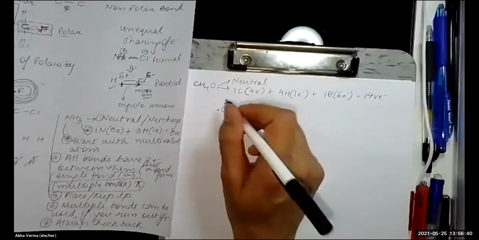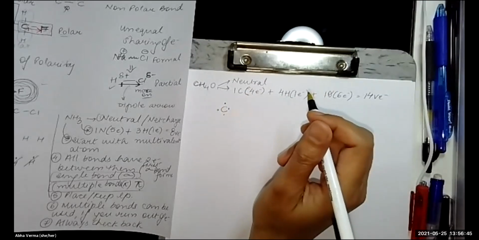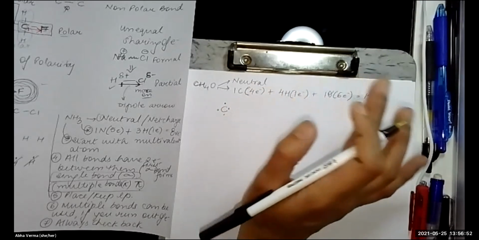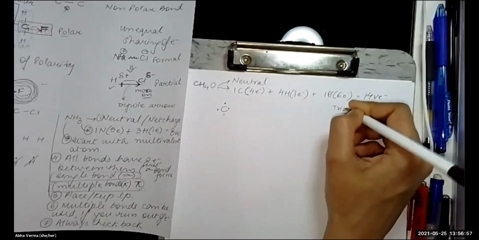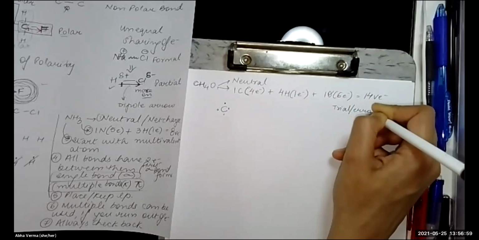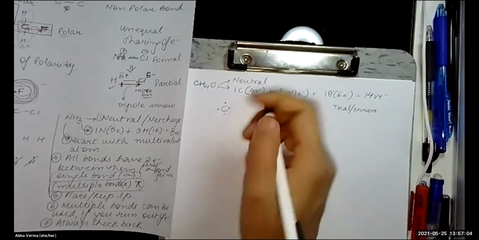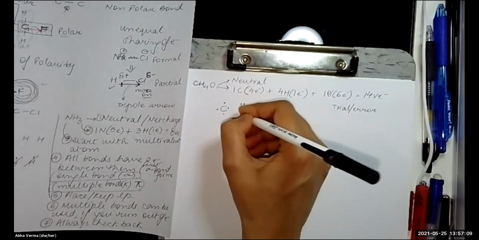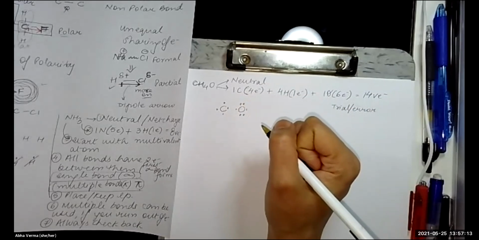Now, how do I know that I have to place carbon and oxygen next to each other? I could have this separately, right? So this is the time that I'm going to do my trial and error. This is not my final structure. I'm just going to place it around. So oxygen has 6 valence electrons.